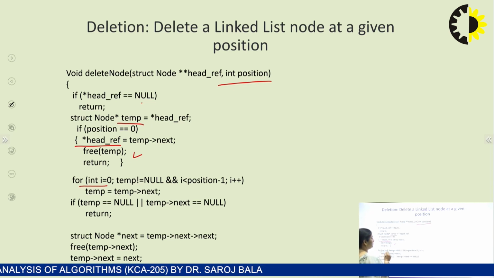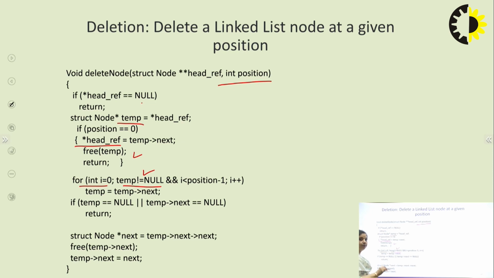So for i equal to 0, while temp is not equal to null, it means until either the list is exhausted or the required position is achieved, we go on incrementing i and temp is equal to temp next. We'll start from the first node and go to the next node, until either we get the required position or our linked list is exhausted. So we will go on moving and finally reach the last node.